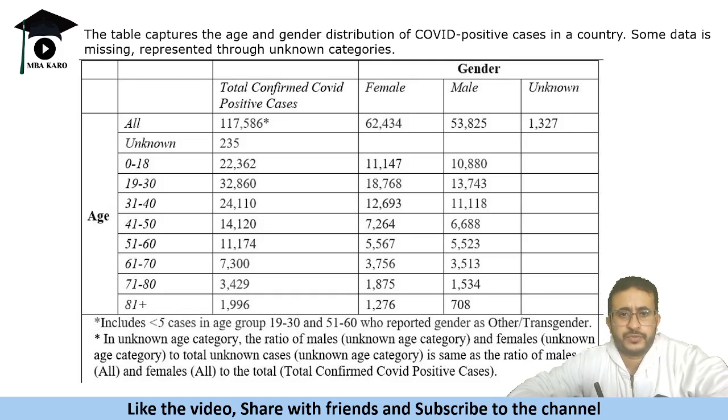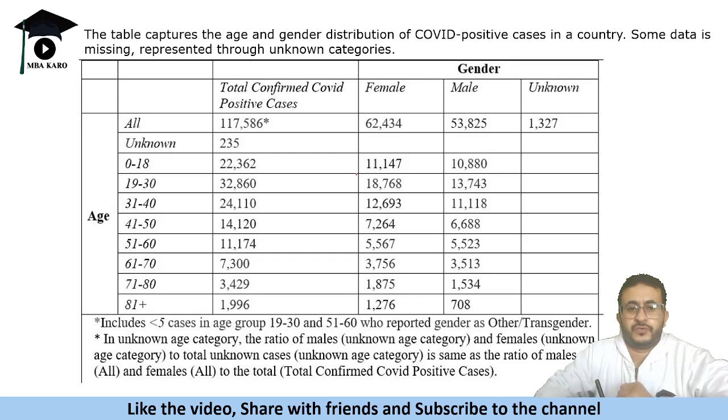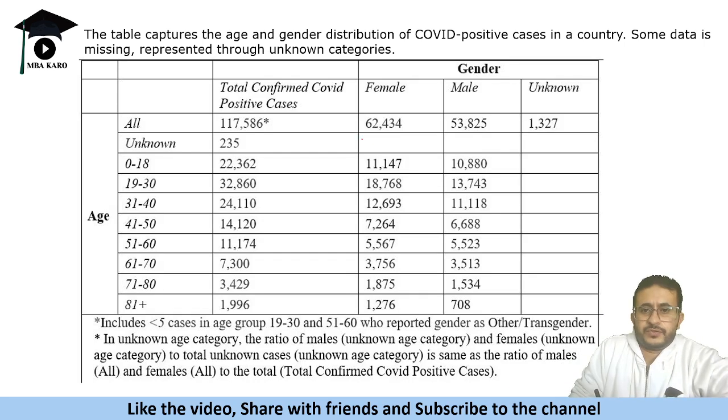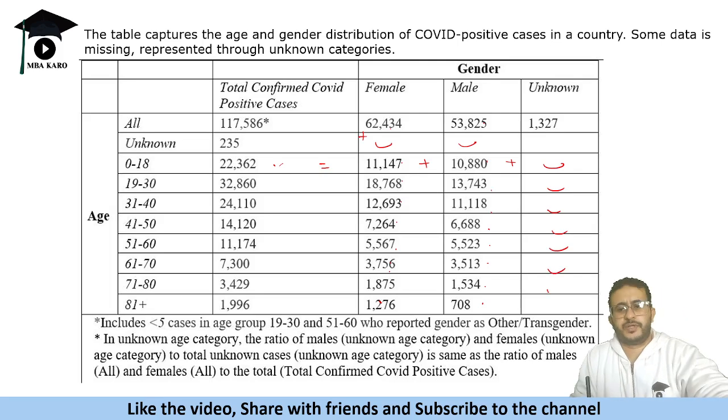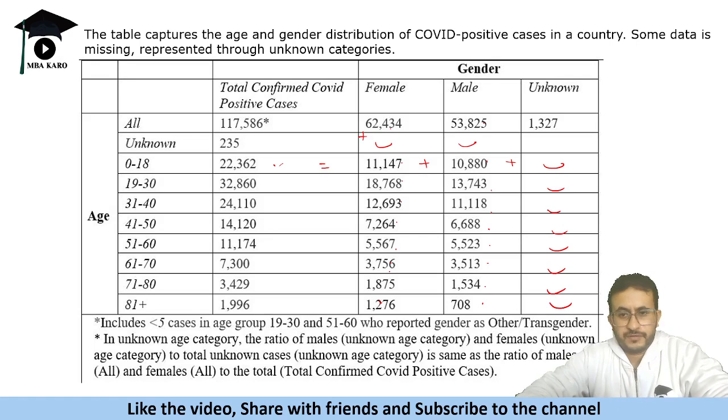Basically, what one had to do was: this total is the total of all these plus this unknown, and this total is this plus this unknown, and so on. So highly calculation intensive questions, and one should ideally have avoided this.